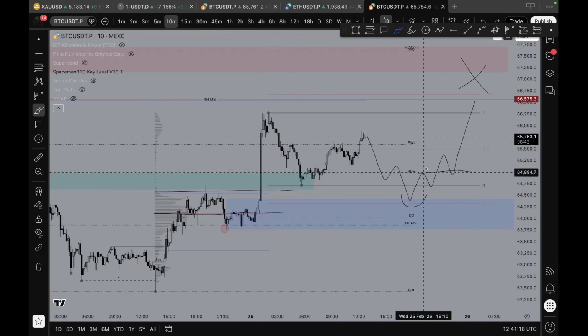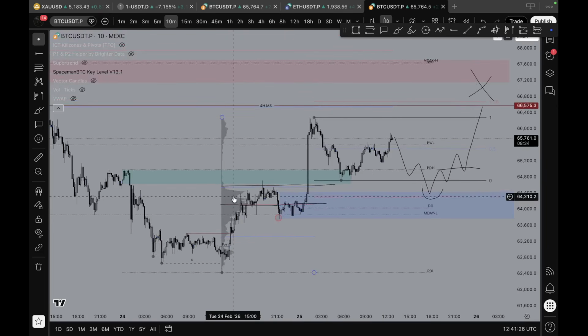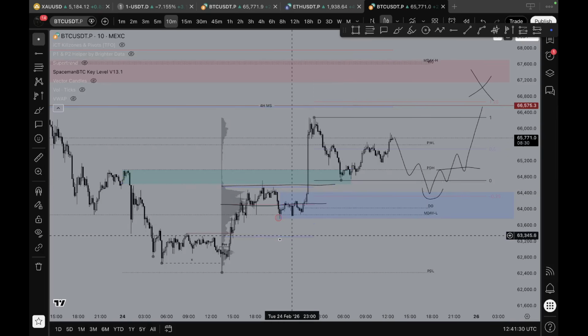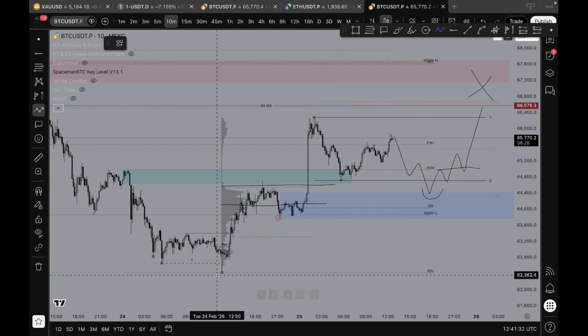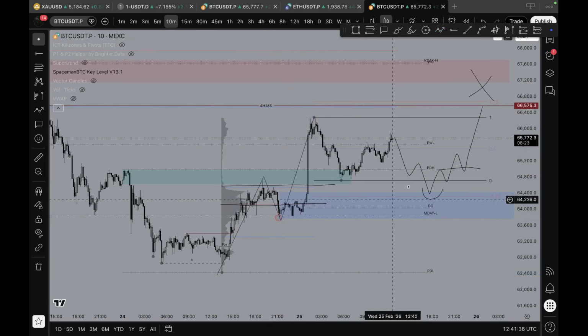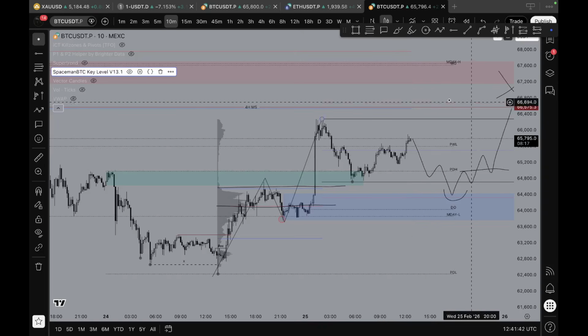A lot of times price wants to retest that and then move higher. That's why this is a pretty clean POI: we have volume profile, demand, those single prints, and it is the market structure. Bulls will defend this, because if we break structure back to bearish, that's a very weak sign.